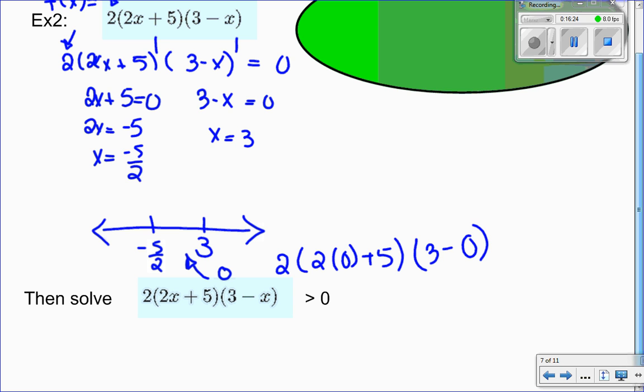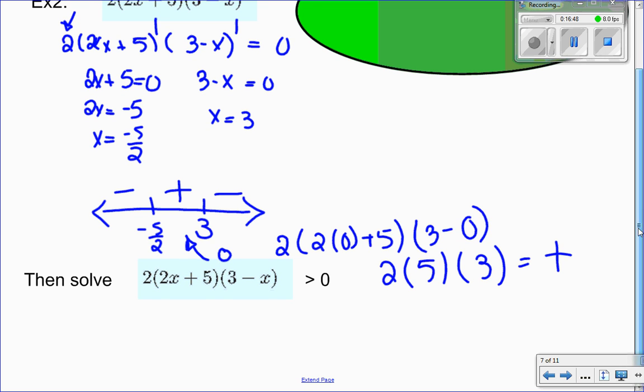Okay, so we'll have 2 times 0 plus 5, 2 plus 5, 3. This is all positive. So we know this interval of the sign diagram is going to be positive. Because they're all to powers of 1, which is an odd power, they're going to alternate. So it's going to go negative, positive, negative. So this is our sign diagram.